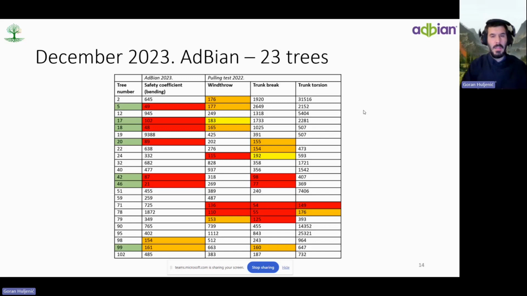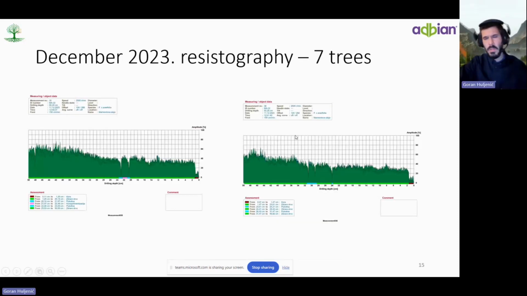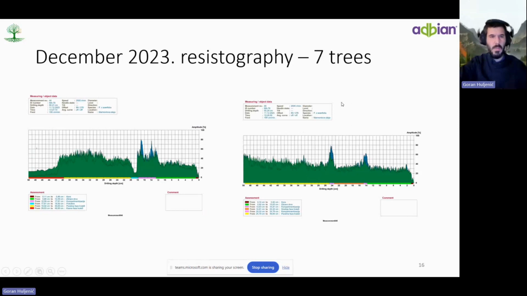If you don't have enough experience, it's not easy at first sight to see that some of these trees could have problems. And we also, of course, did this resistography to check the stems, and most of them were okay.